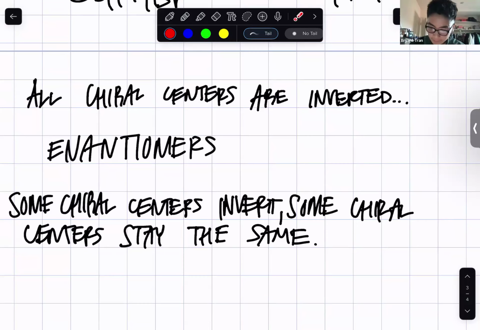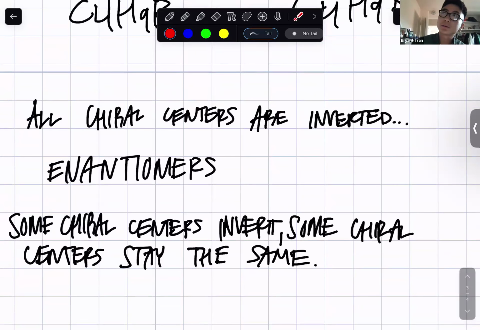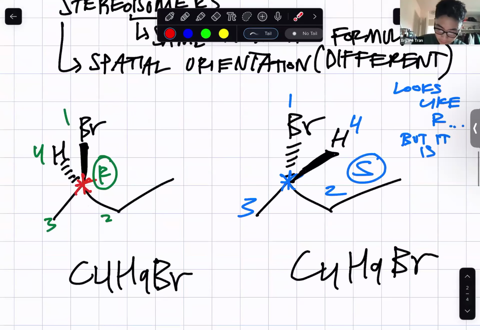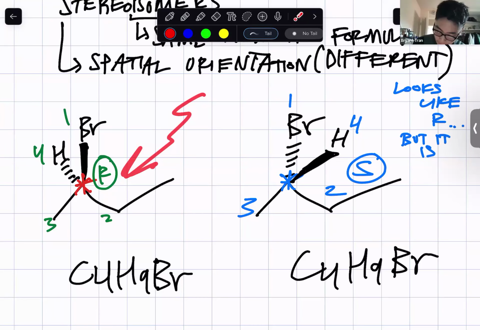Now, enantiomers will have the same physical and chemical properties, but different optical activity. So what I mean by that is, this is gonna get more into the properties of these, right? When we shine light through this molecule here, this chiral center can rotate that light to a certain degree.